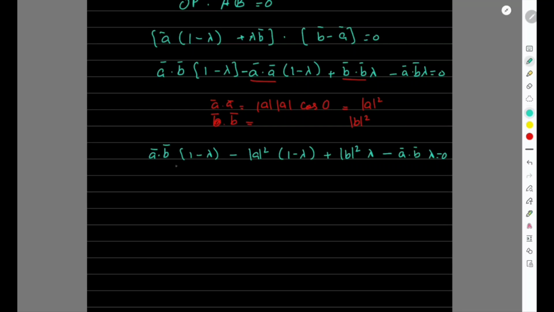Now putting the values, we have A dot B is 1 by 4 into 1 minus lambda, plus A square is 1 square into 1 minus lambda, B is 2 square lambda, minus 1 by 4 lambda is equal to 0.